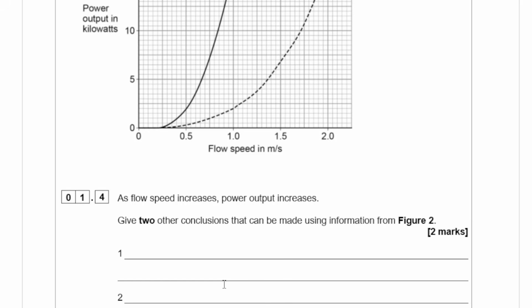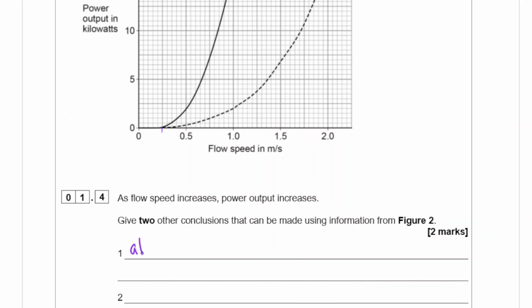Give two other conclusions that can be made using information from figure 2. So now looking at the graph, if the flow speed is less than 0.25, then the power output is 0.